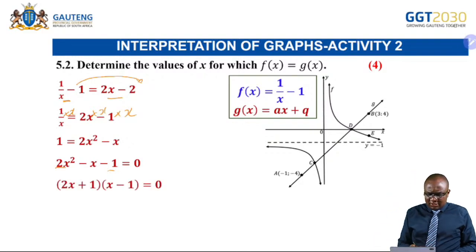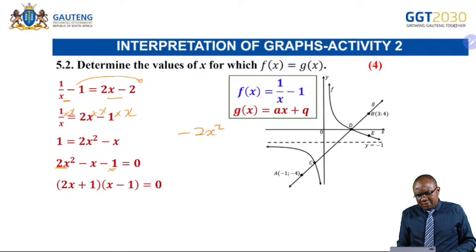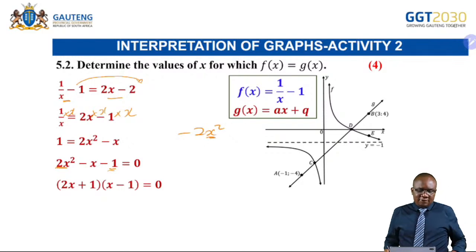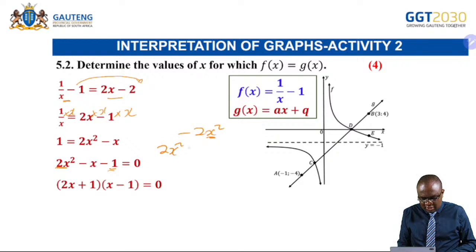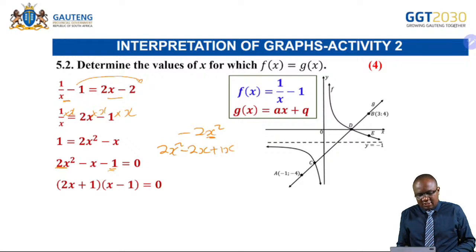Let me quickly do that. 2 times negative 1 is negative 2x squared. Sometimes you don't even write this, you just write negative 2. The factors of negative 2 that will give us negative 1 are negative 2 and plus 1. So we say 2x squared minus 2x plus x minus 1 is equal to 0. Factor out 2x, then it becomes x minus 1.